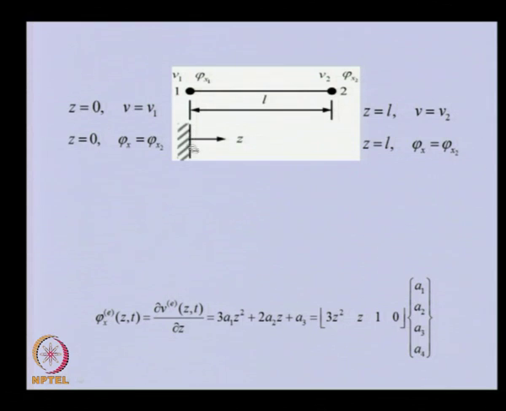Considering this as a local coordinate system Z, the origin is here and this end is Z equal to L. At Z equal to 0, the translational displacement is V1 and the slope is phi x1. Similarly, at Z equal to L, we have the translational displacement V2 and the slope phi x2.